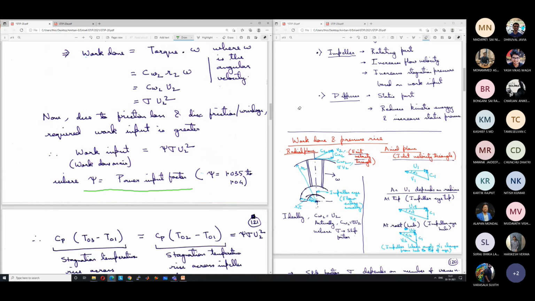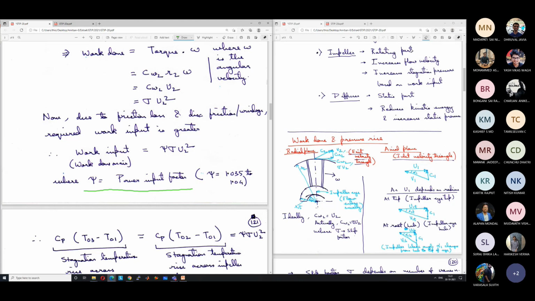So whatever specific work input is provided to the compressor should be equal to this rise in stagnation enthalpy, even if there are frictional losses. Because with frictional losses, the stagnation temperature does not change; the frictional losses just manifest as temperature rise. We have seen that in a TS diagram, right?